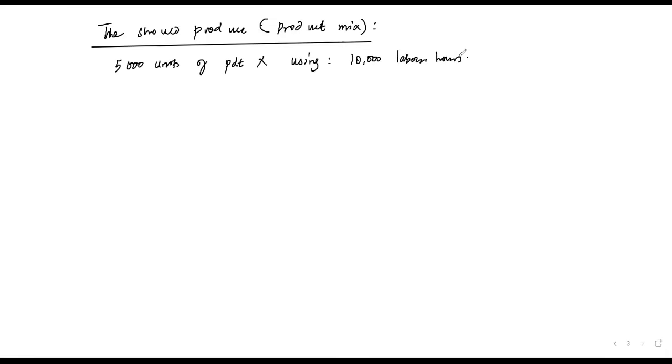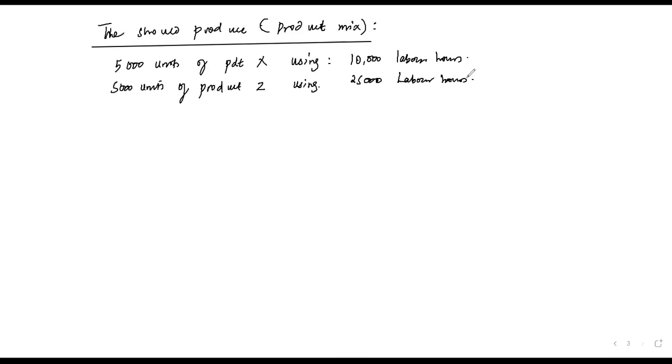Then this will be followed by product Z. We produce 5,000 units of product Z, and each unit requires 5 hours, so that is 5,000 times 5 hours, using 25,000 labor hours.